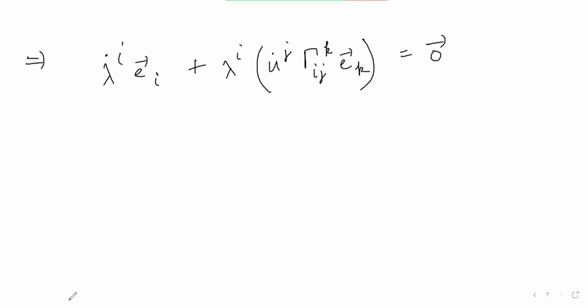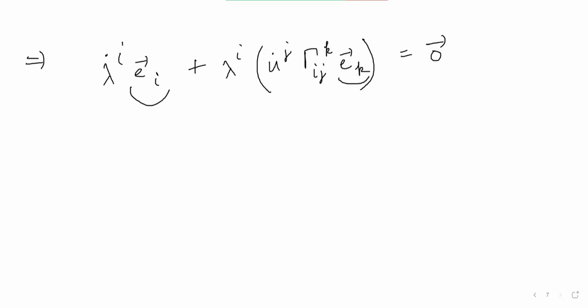So we made the substitution into our equation. So here we go. Now, we can see that the e's are a common factor, so we would like to factor out the e i's.